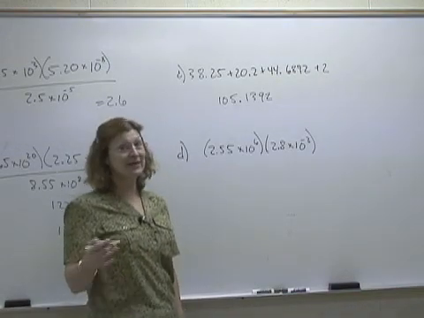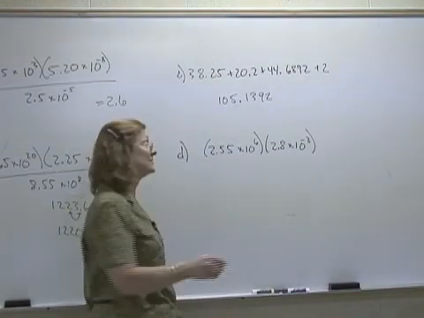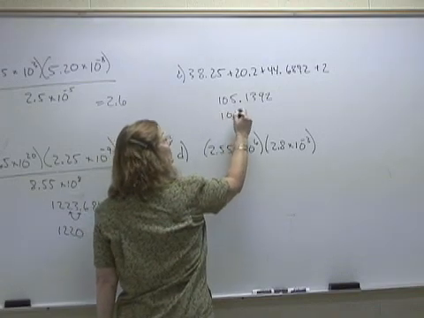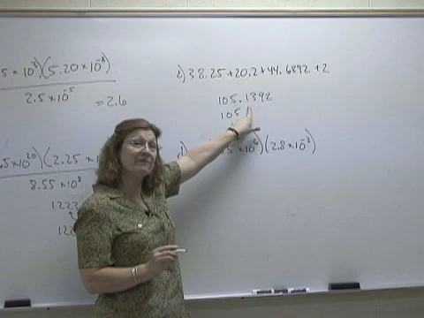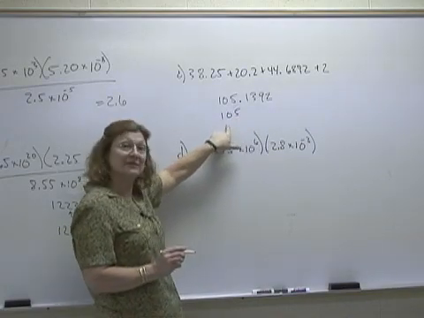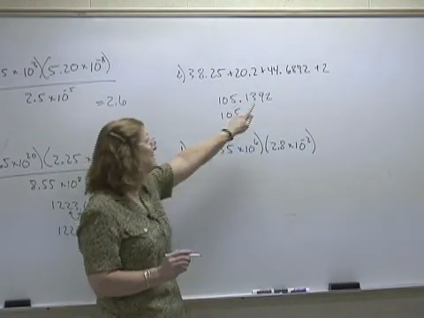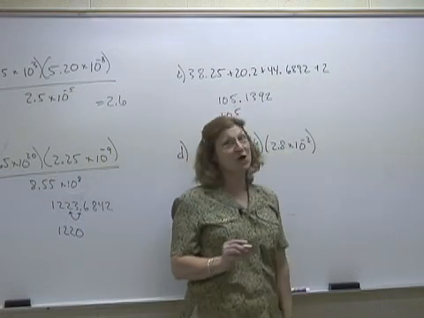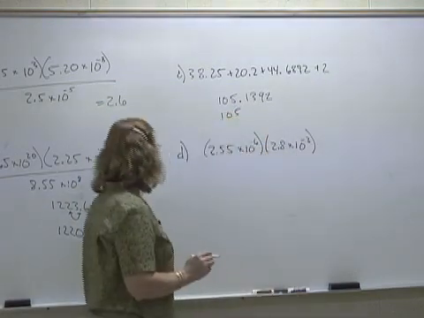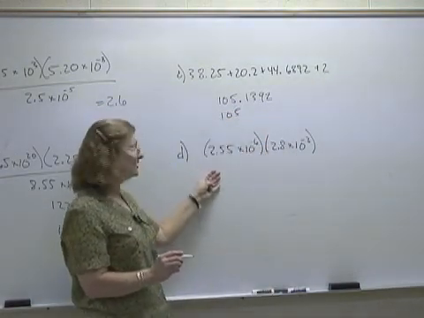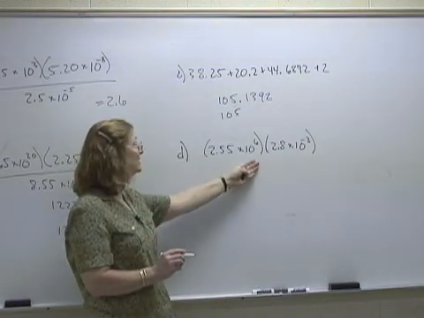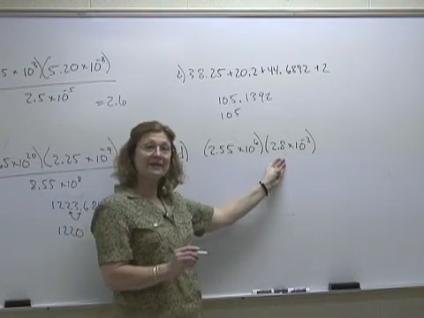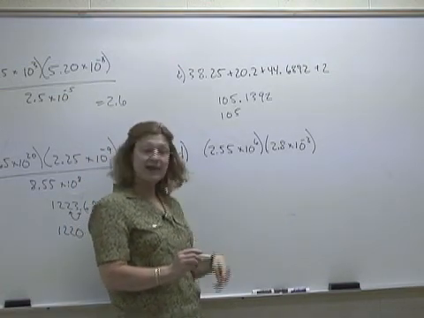So my number in the answer should not have any decimal places. So it would be 105. Now, if this number of 0.1 was 0.5, then this would become 106, because the least number of decimal places was no decimal places.